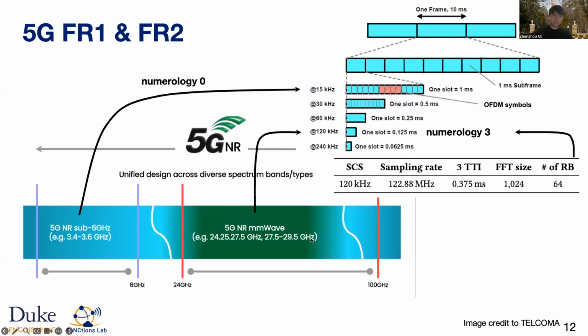Taking this picture as an example, we can see that the 5G New Radio millimeter wave usually uses numerology 3, which has the following parameters: a subcarrier spacing of 120 kHz, a sampling rate much higher compared to the numerology 0 settings, and the FFT size and RB sizes. Because of the propagation characteristics of millimeter waves, 5G FR2 has fewer spatial streams but higher bandwidths. So it's interesting to investigate how the performance looks in 5G FR2.